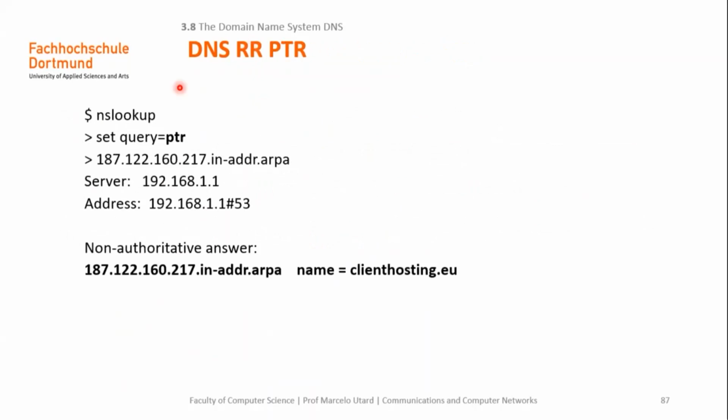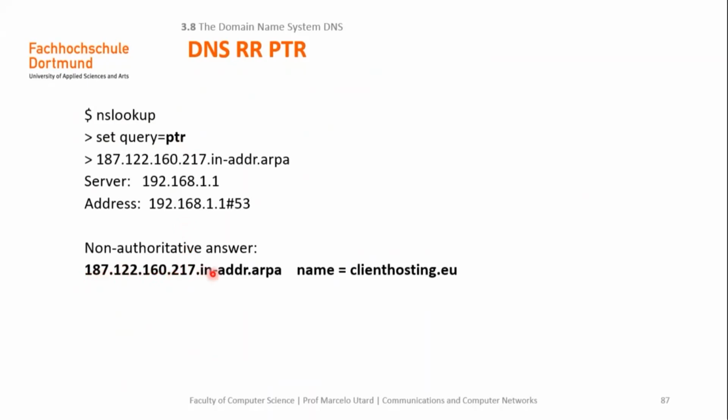For instance, in this example, using the nslookup command, I could set the query type to PTR, pointer. It's one of the types of resource records. And I could ask, for instance, I would like to obtain the name associated with the address 217.116.122.187.